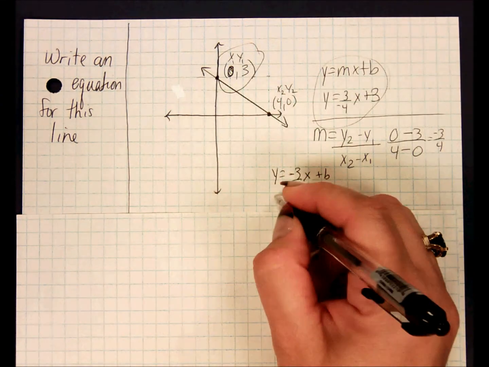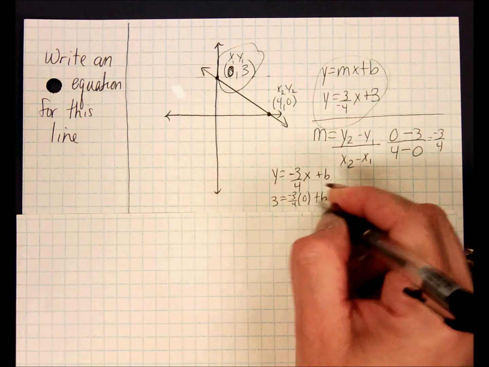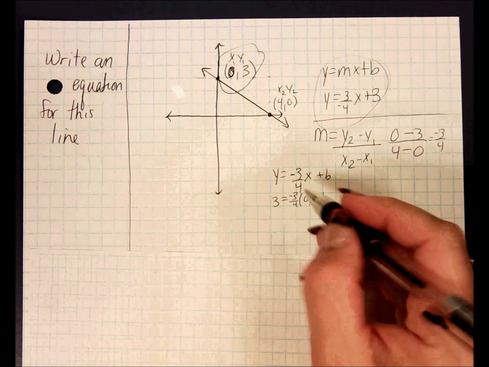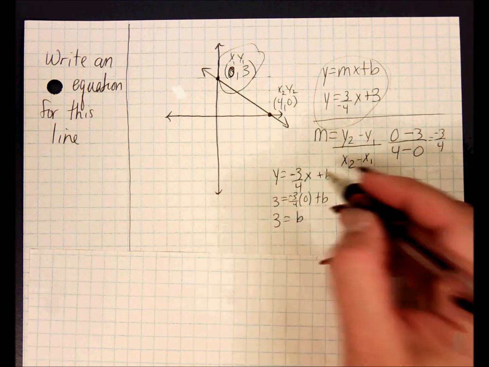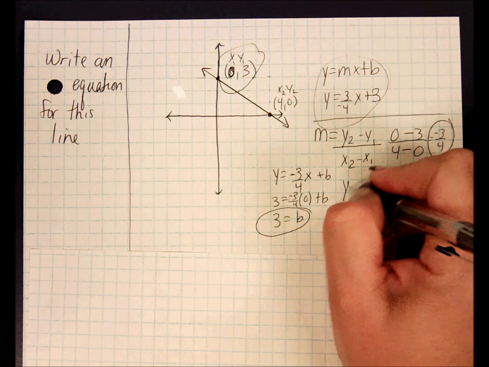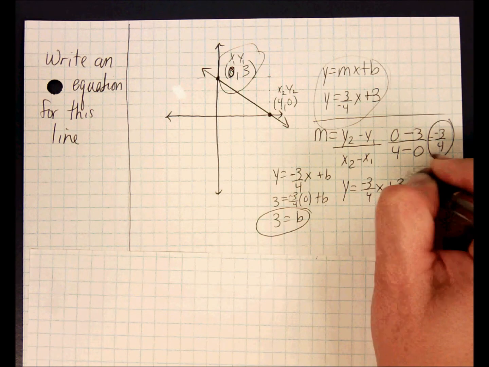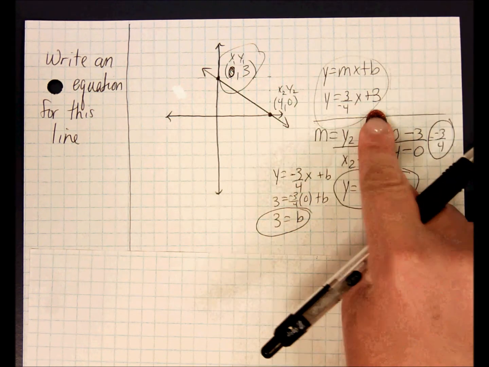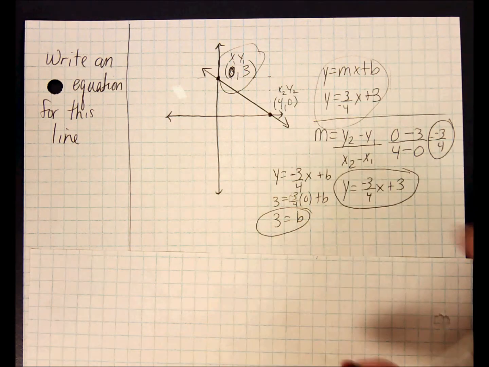So y is 3, x is 0, and okay. So here I get 3 equals 0 plus b, so b is 3. So now I know my b, I know my m, so y equals mx plus b. Much easier, takes less time, but if you're struggling, this might not be the best way for you.